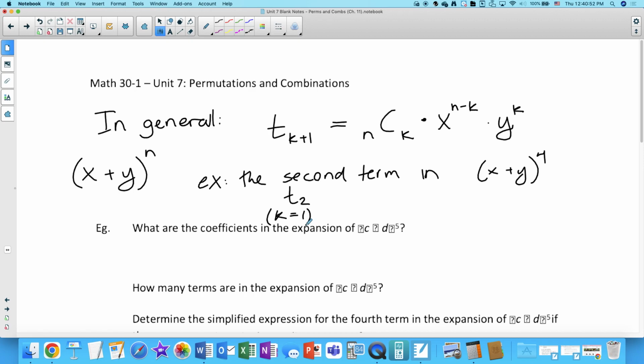Okay? This will be n. Now n in this case is 4, because n is the exponent on the entire thing. 4 choose 1 times x to the 4 minus 1 times y to the 1.